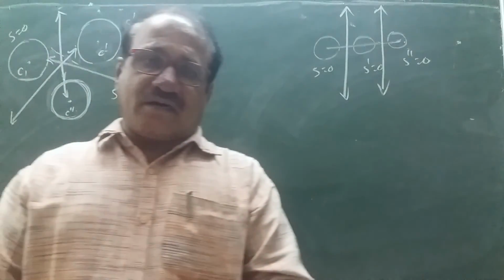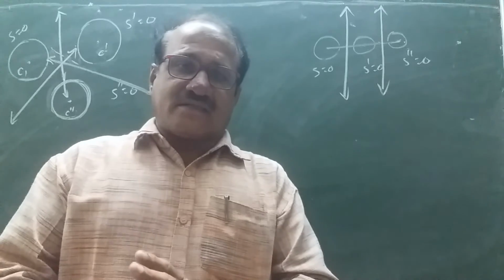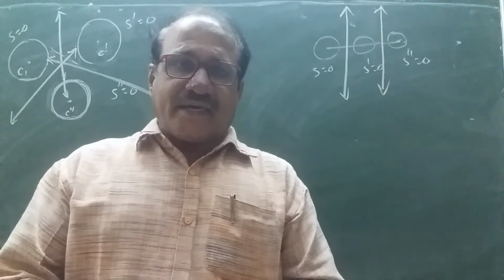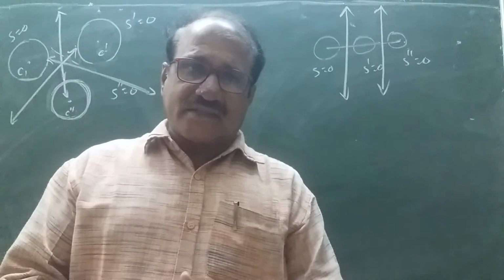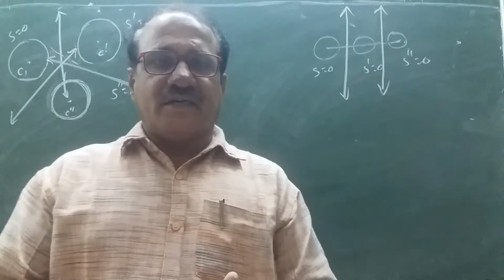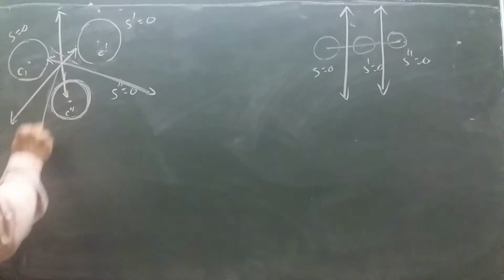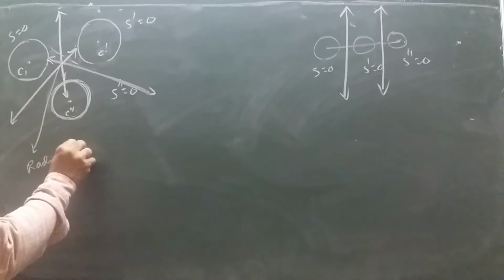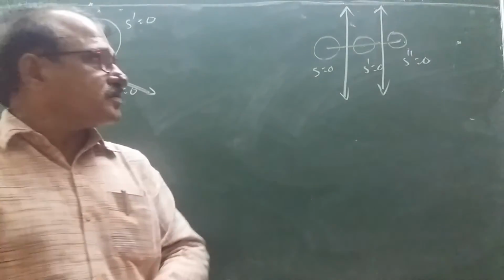For three circles taken two at a time, we can draw three radical axes. Those radical axes are concurrent. This point is known as the radical center. This is the radical center.